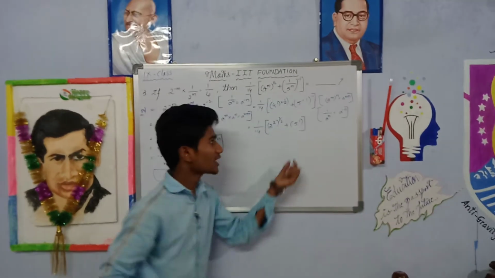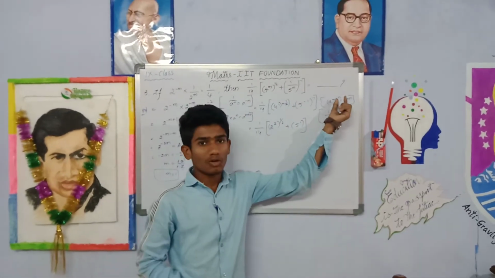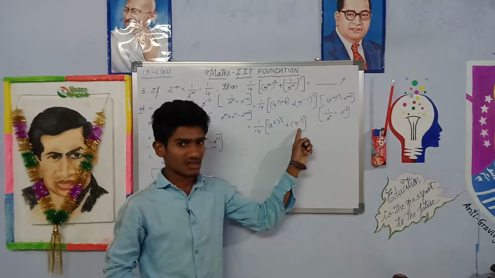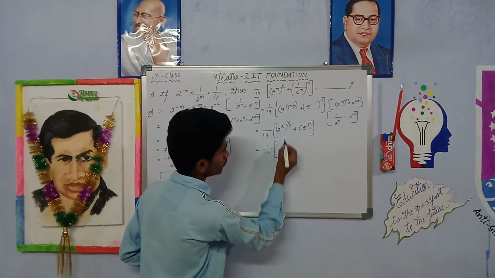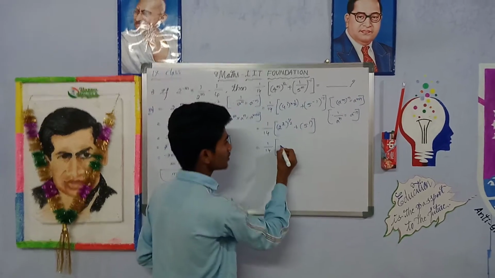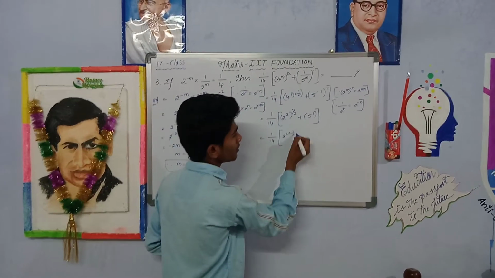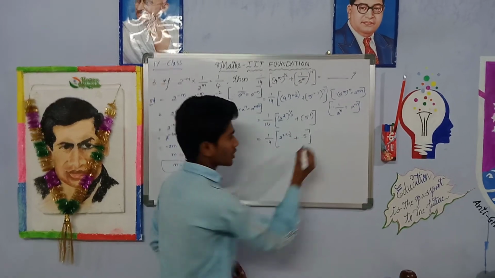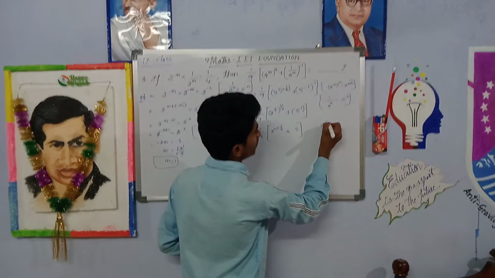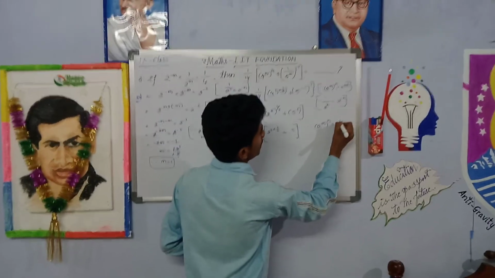So again I use a power m whole power n is equal to a power mn for this. So now 1 by 14 [2 power 2 into 1 by 2 plus 5 power 1], which is 5 only. We have used here a power m whole power n is equal to a power mn.